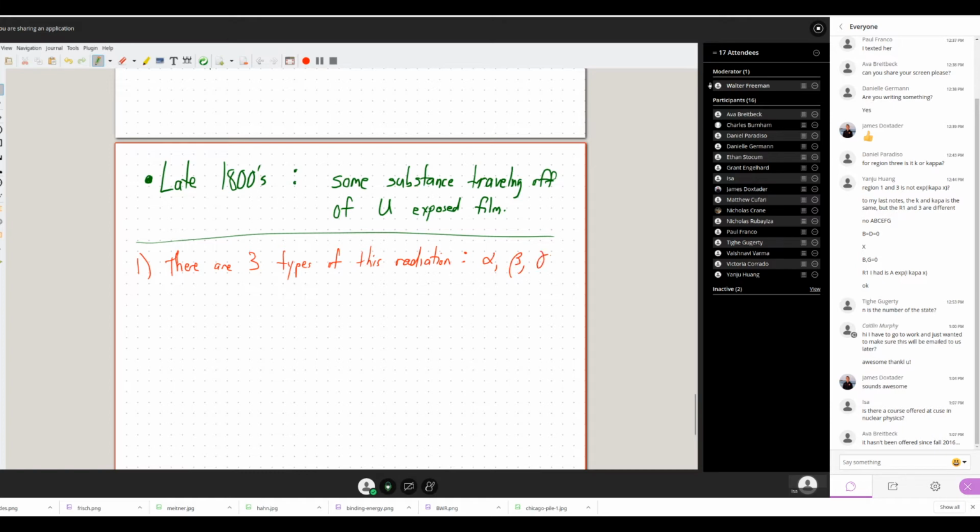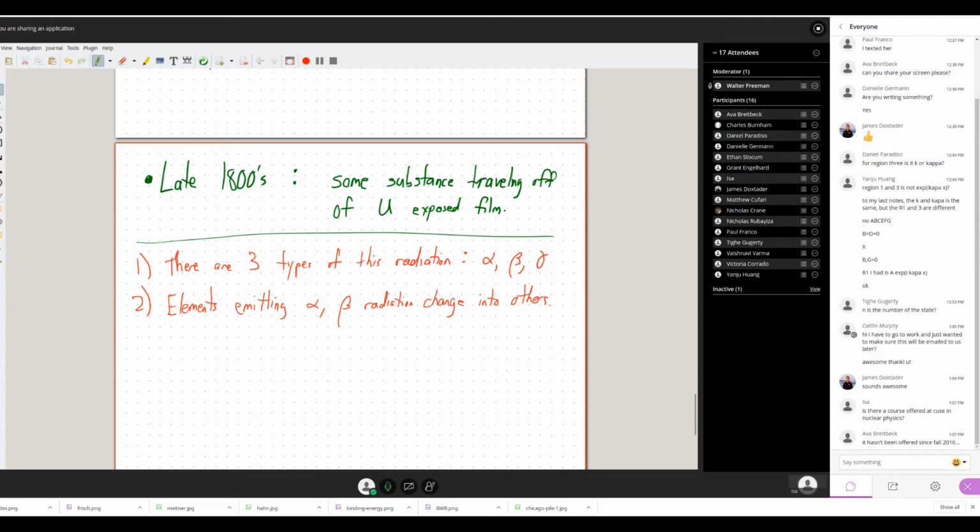We'll talk about what those are in a minute. And that elements emitting alpha or beta radiation change into others.